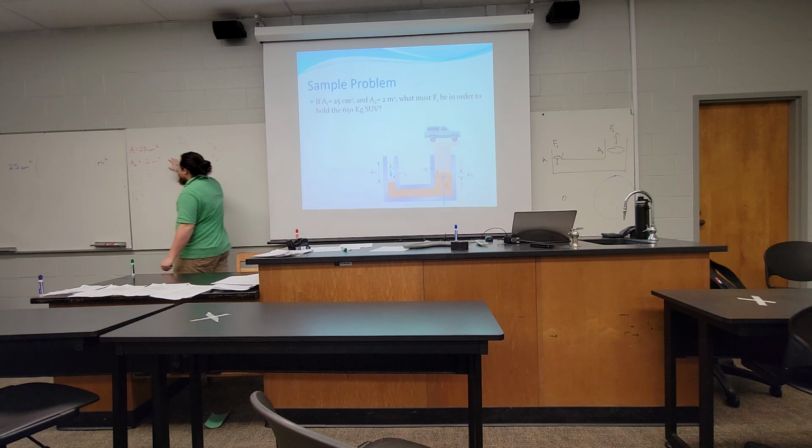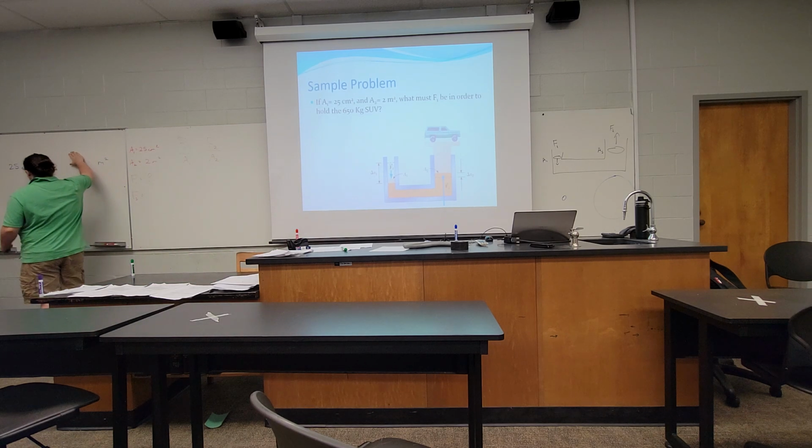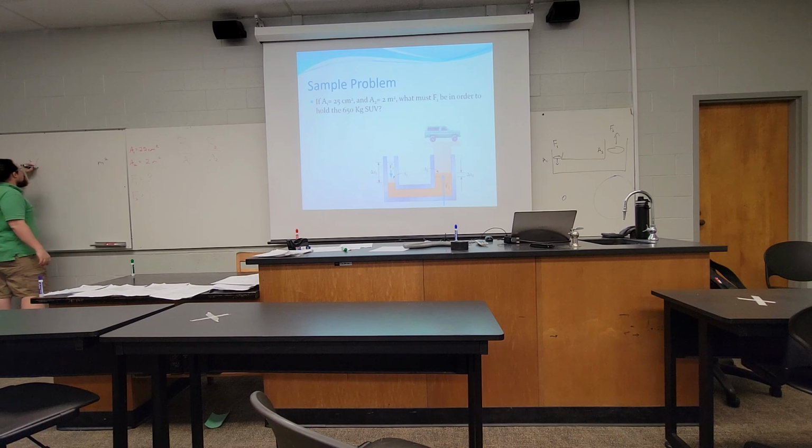I'm going to convert centimeters squared into meters squared real quick, and I will remind you that there is a small catch when doing so. We can use our conversion. There's 100 centimeters in 1 meter. Will this convert centimeters squared into meters squared on its own, though?